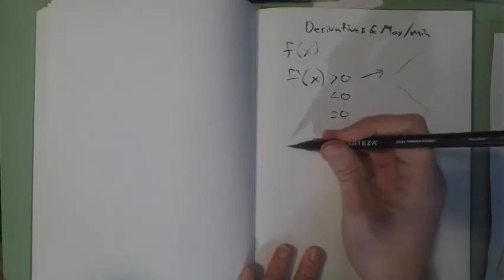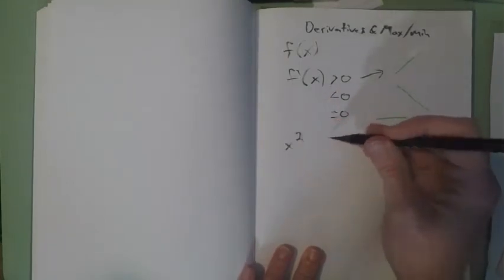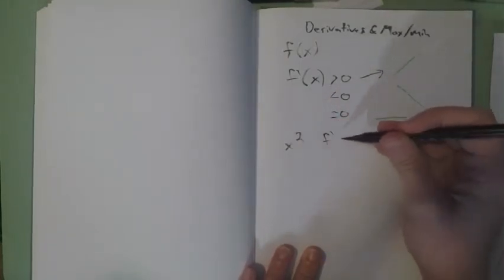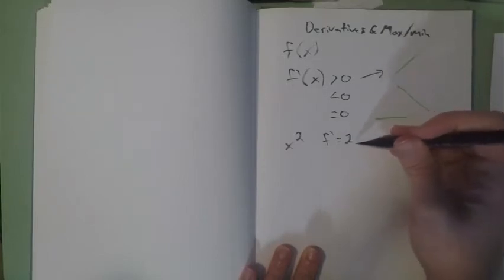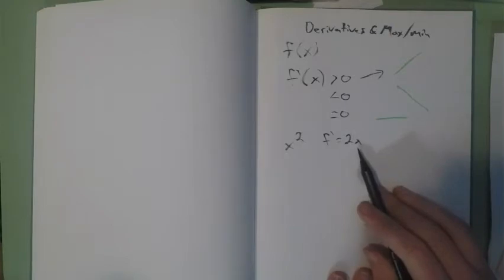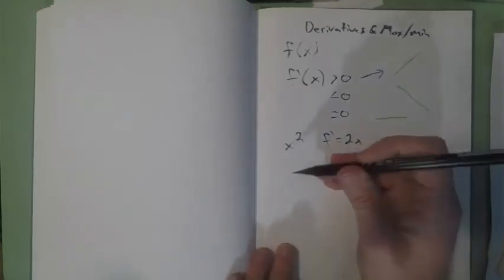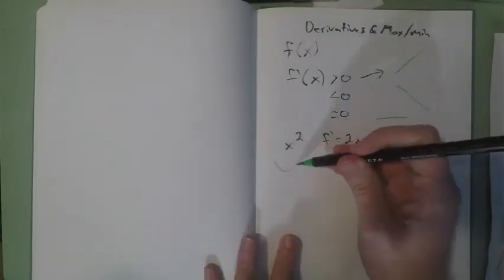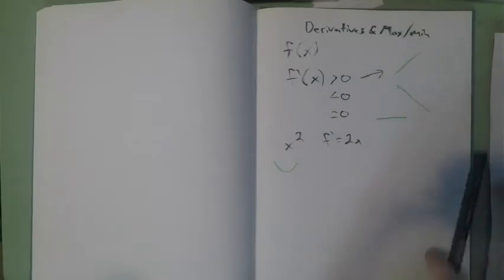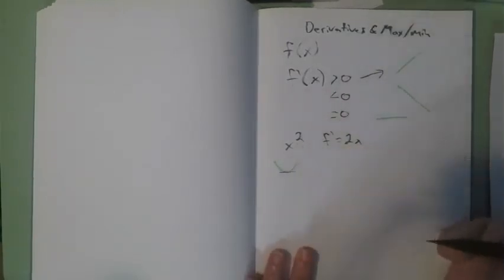So let's say we're looking at the case of x squared. F prime of x squared is just 2x. And when we ask, where is 2x equal to 0? Well, we know that it's at x equals 0. So for the function that looks like this, we can see f prime of x is equal to 0 down at the bottom.